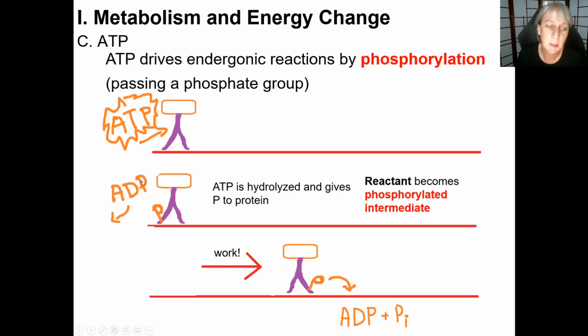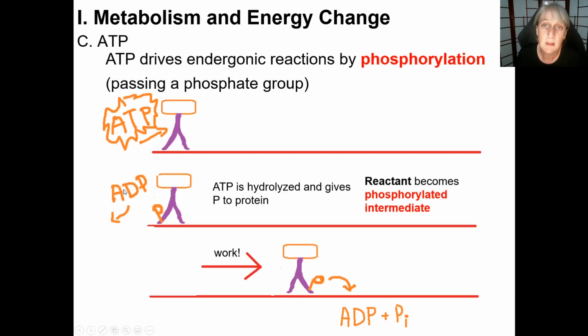The 1 spring-loaded phosphate phosphorylates my protein. ATP is hydrolyzed, and it gives its phosphate group to the protein. The protein now is a phosphorylated intermediate, and that causes it to change shape.